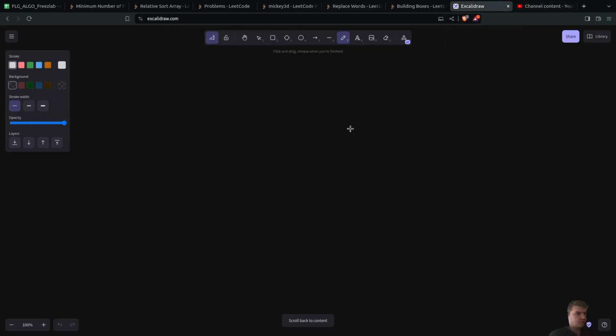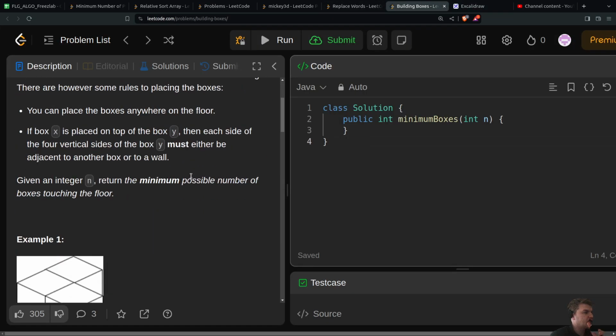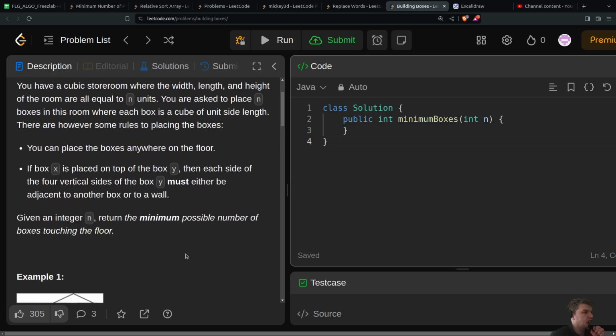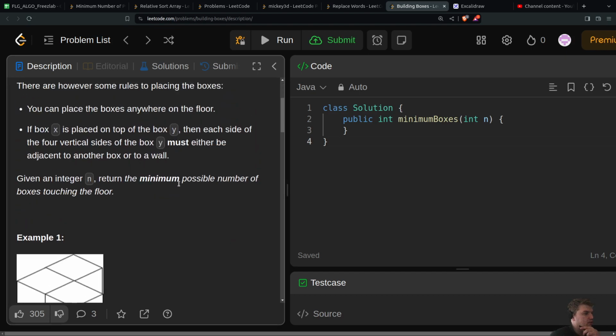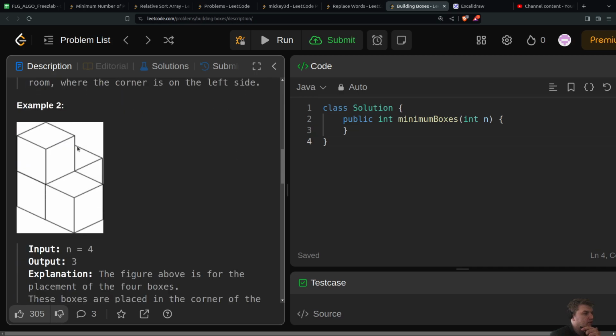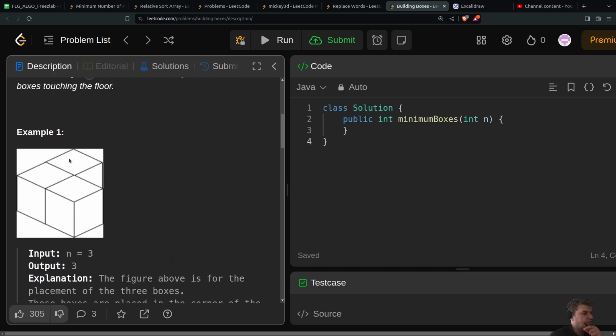Let's start. So the problem is about finding the efficient way how we can place boxes in an n by n by n size room. And the idea there is that the boxes can be stacked on top of each other only if there is a base for the box that goes up.